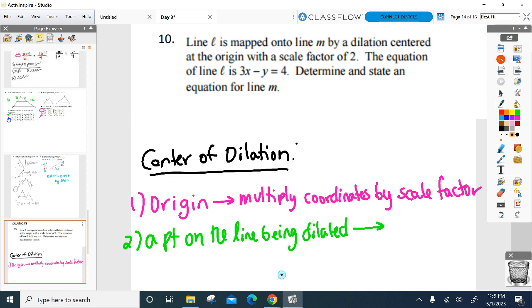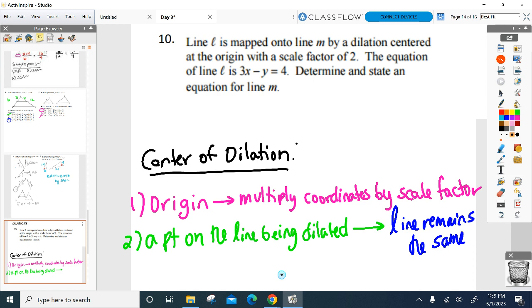Anybody remember what happens? Nothing. What do I mean by nothing? The line remains the same. Doesn't move anywhere. All right? So a point on the line being dilated, line remains the same. So please pay attention to where you're dilating around, because it's going to be one of the 2.